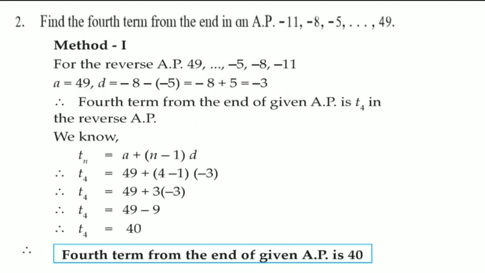Okay. As I have said, you have to use the first method only, most preferably, because here we are using directly the formula of Tn as it is. And in the second method, that formula is modified.